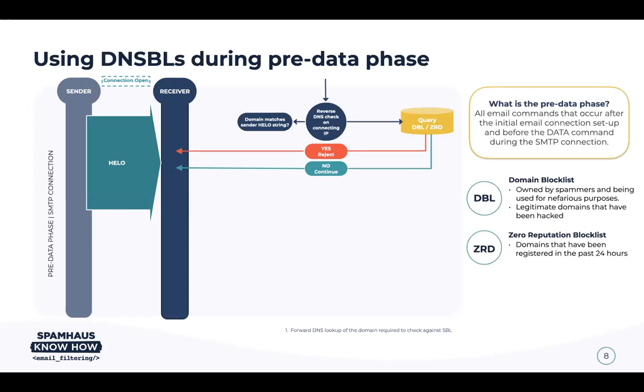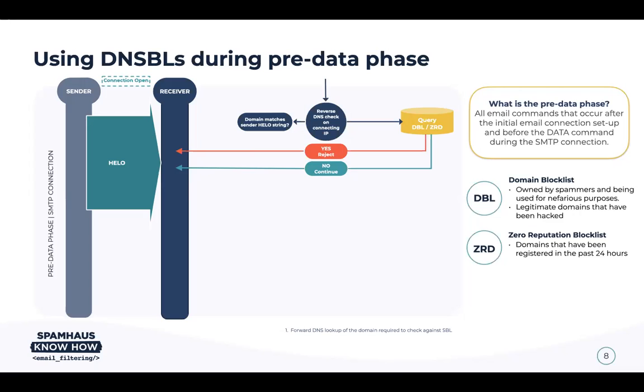So as we said, the very first thing that we can do with that IP, with the reverse DNS of that IP, is grab its hostname and check it against a domain reputation data set. That in our case is either the DBL, that is going to tell you whether or not the domain is known to be bad or has been recently observed in relation with abuse on our side, and the ZRD.